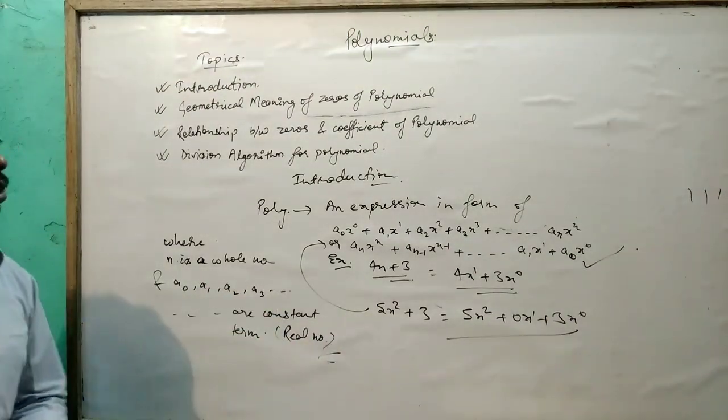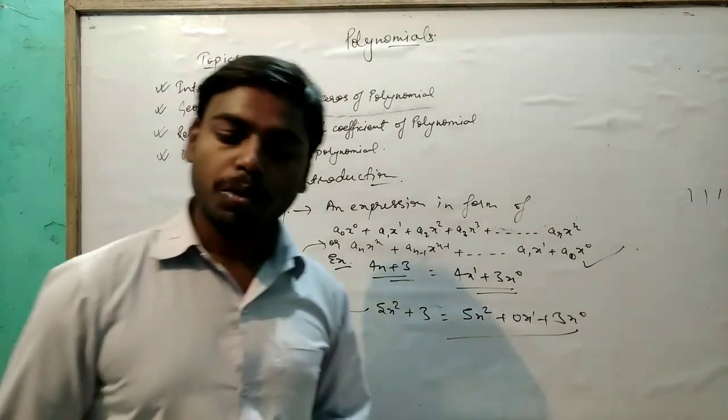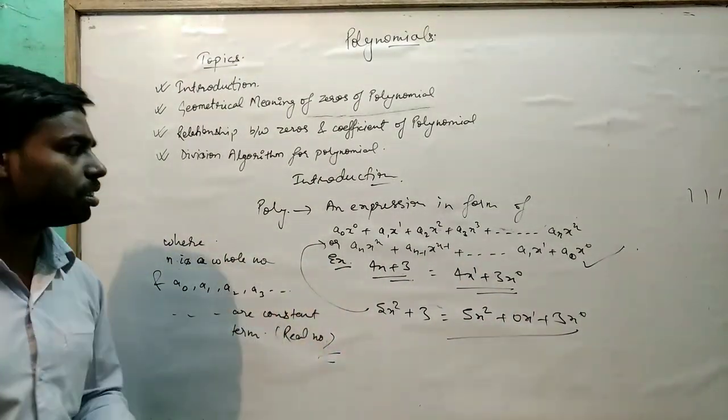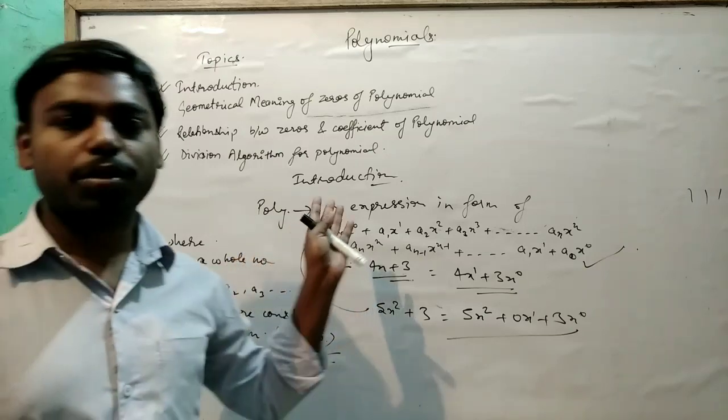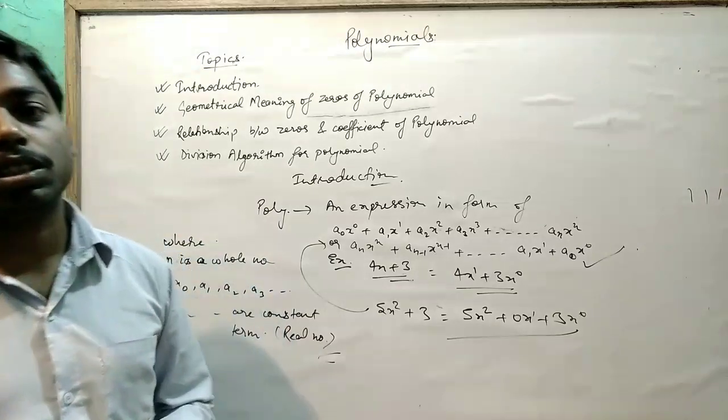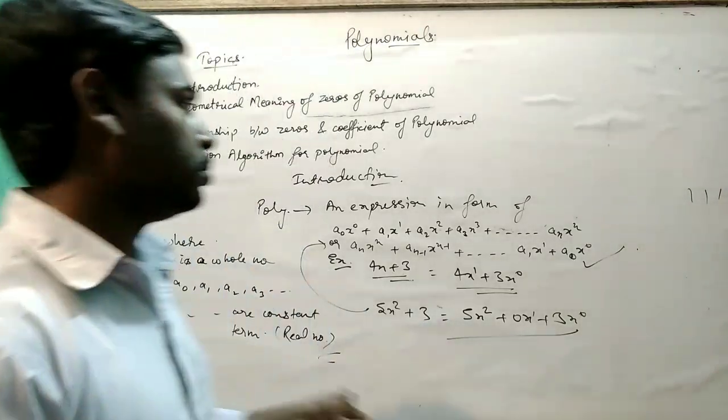This is the definition of polynomial. Next, we learn about some related terms of polynomial, like degree of polynomial, terms of polynomial, variable of polynomial.